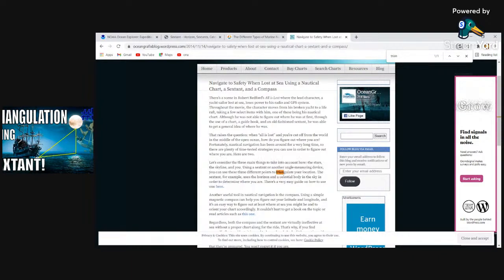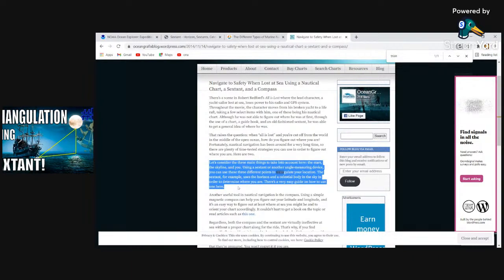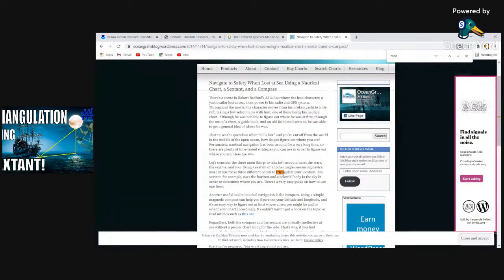That sounds like three lines, doesn't it? Using a sextant or another angle measuring device, you can use these 3 different points to triangulate your position, your location. The sextant, for example, uses the horizon and a celestial body in the sky in order to determine where you are. There's a very easy guide on how to use this here. So the sextant, once again, using triangulation for your location.